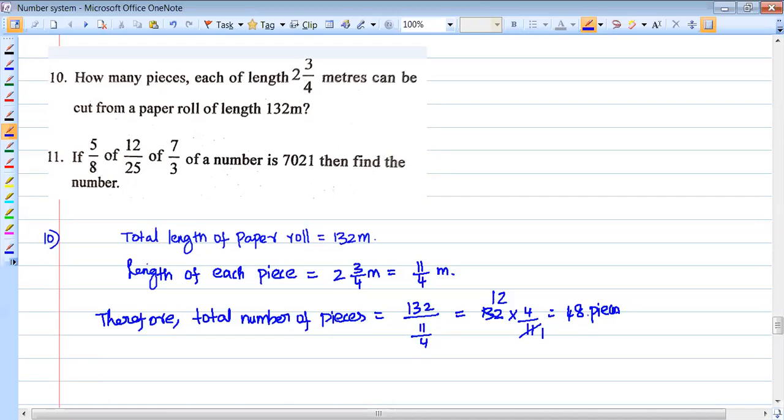Continue. Now everyone start to discuss your question number 11. 5 by 8 of 12 by 25 of 7 by 3 of a number is 7021. Then find the number.